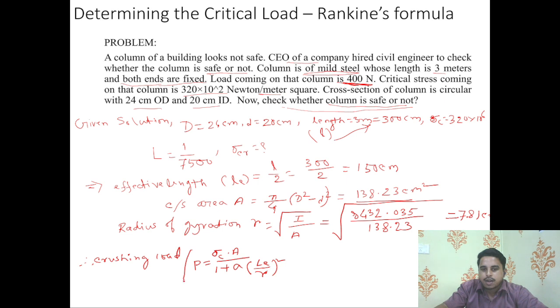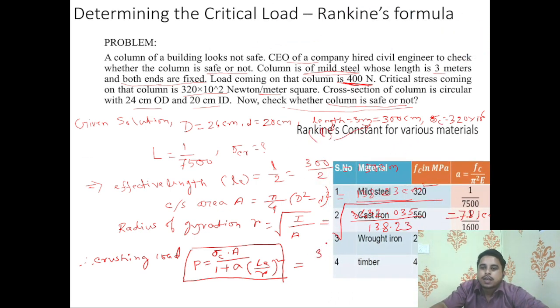This is the Rankine formula. If we put the values here, we will have the value of P. For mild steel, the sigma C value is 320.